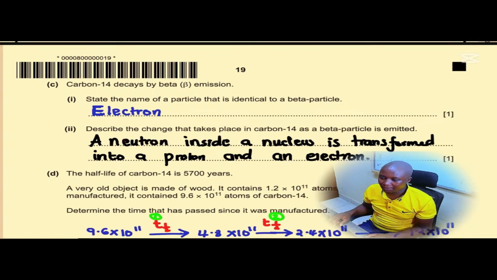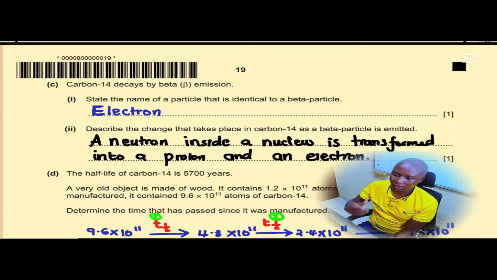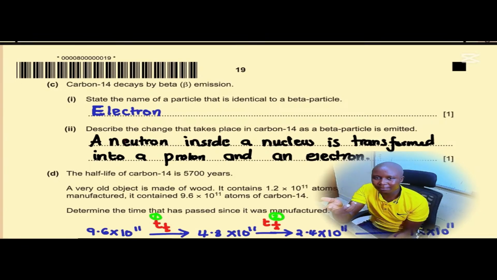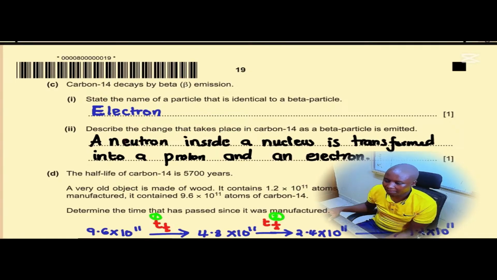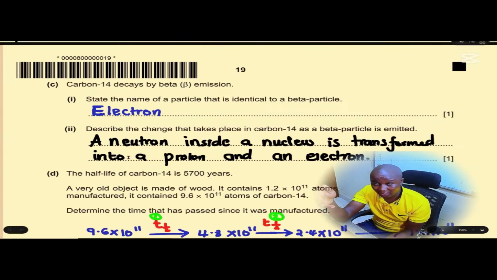Carbon-14 decays by beta emission. We are supposed to state what beta emission represents. These are fast-moving electrons. Describe the change that takes place when carbon-14 emits a beta particle. We know that beta is an electron. Yes, it has a mass number of 0 and proton number of -1.